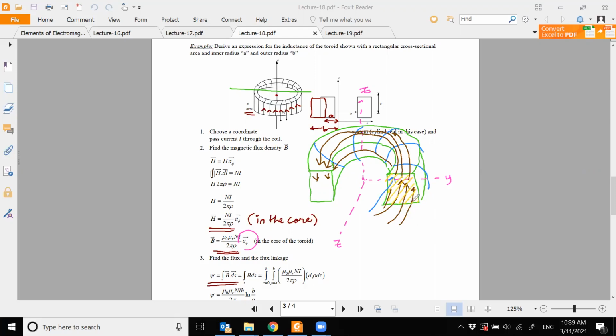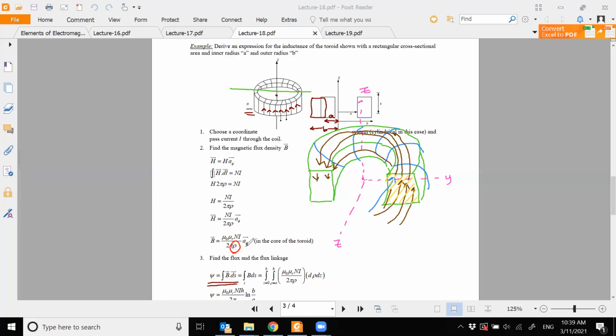And now it is not uniform. This is what I wanted to emphasize. Look at my B. Is my B uniform? Is my B a constant? No. See here? It's not a constant.